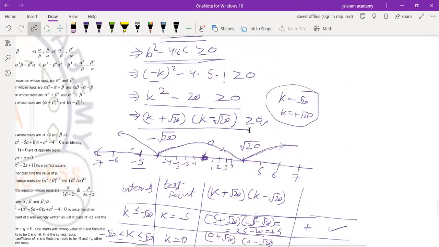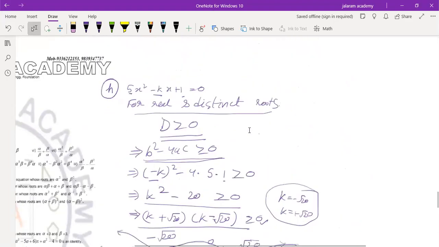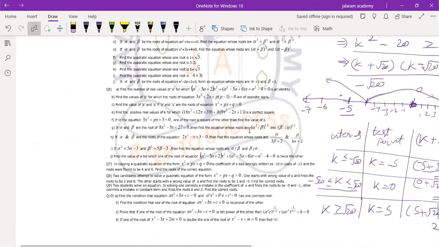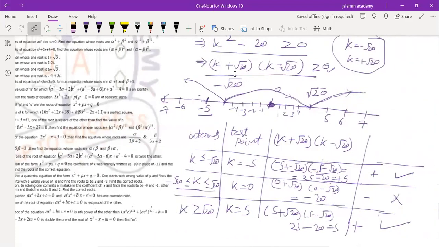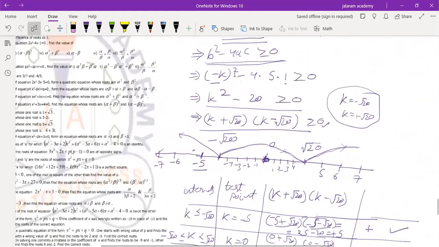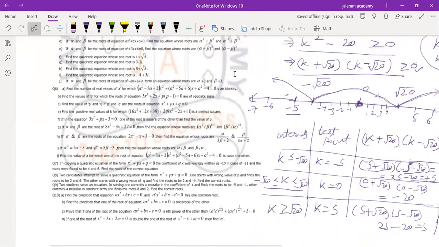Understood or not? Yes, sir. So have you understood how to solve the inequalities of quadratic equations, as these are the quadratic inequalities? In class 10, we have studied about the linear inequalities, and this time they are the quadratic inequalities.